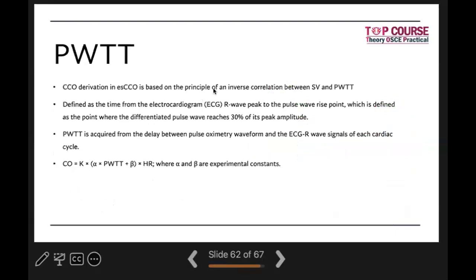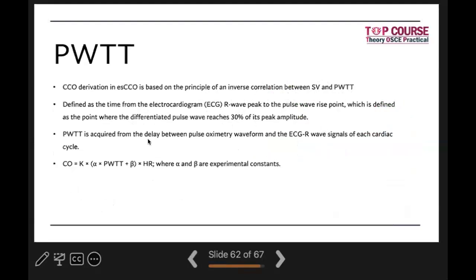It is mainly based on the principle of inverse correlation between stroke volume and the pulse wave transit time. So it is defined as the time from the electrocardiogram R wave peak to the pulse wave rise point, which is defined as the point where the differentiated pulse wave reaches 30% of its peak amplitude. It will be more understandable in the next slide.